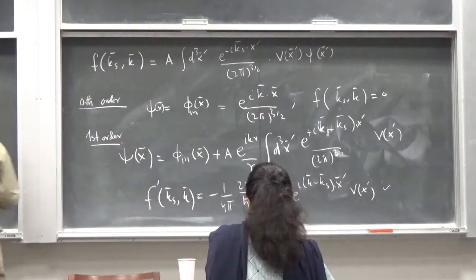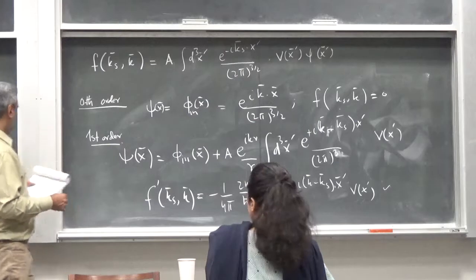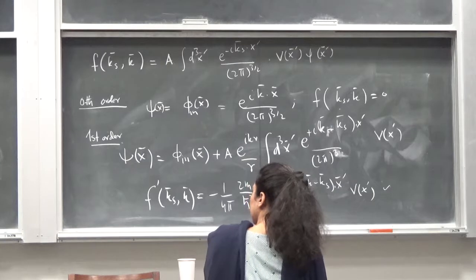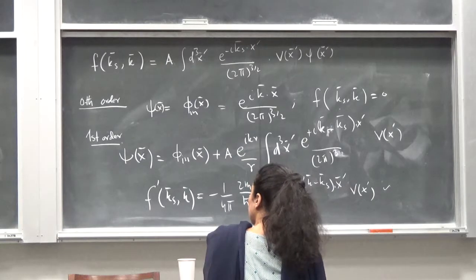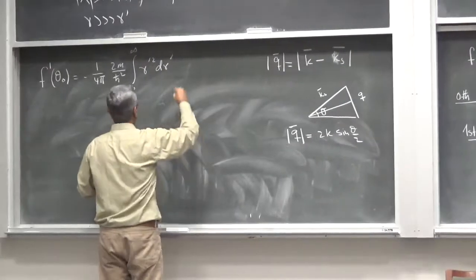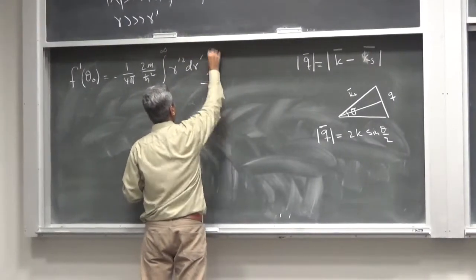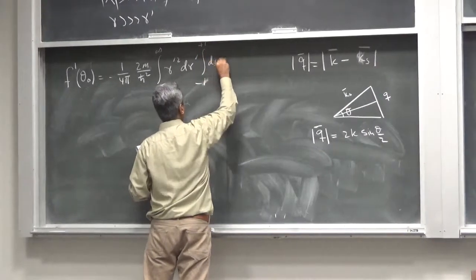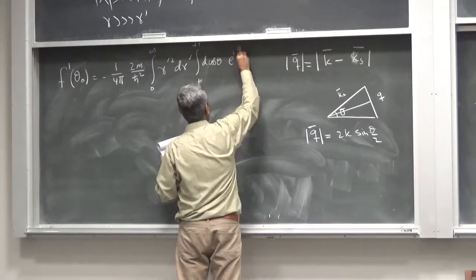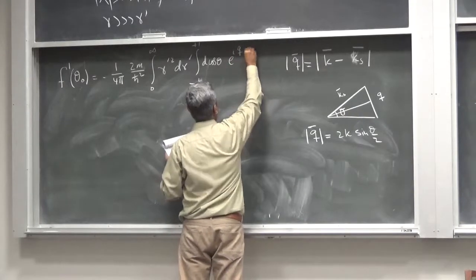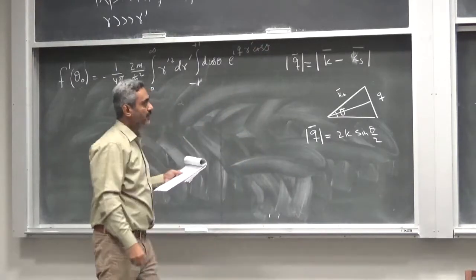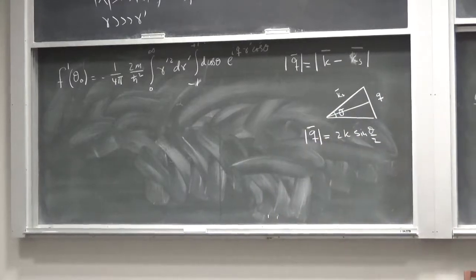So what I'm going to do is r prime squared dr prime, integral from minus 1 to plus 1 of d cosine theta, e to the i q r prime cosine theta. So the magnitude of x is r prime.